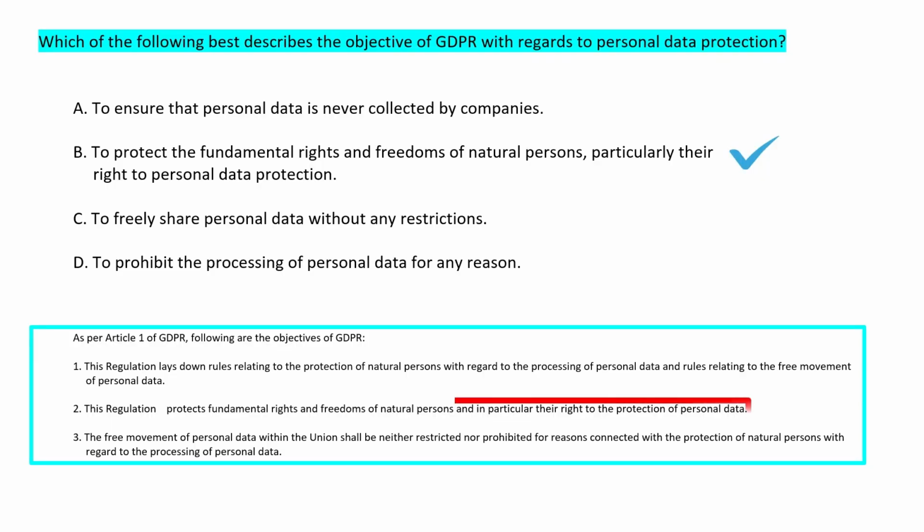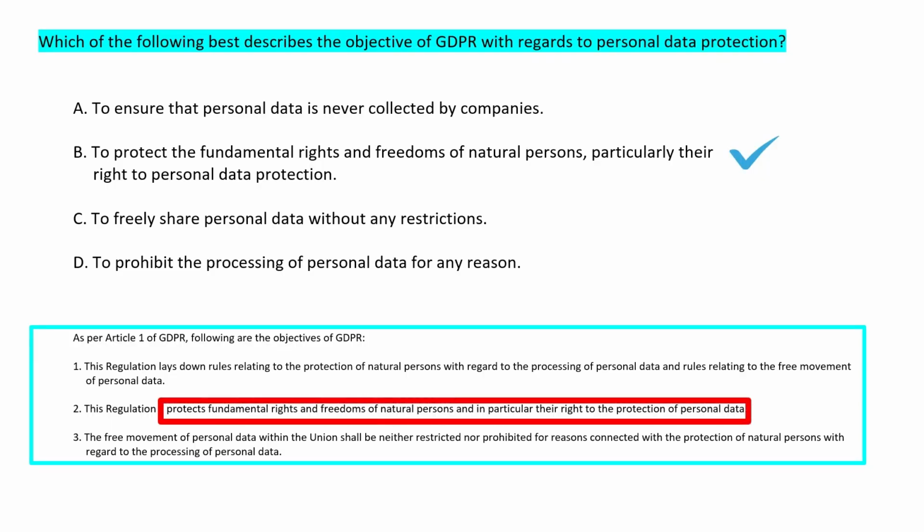As per Article 1 of GDPR, one of the objectives is to protect the fundamental rights and freedoms of natural persons and in particular their right to protection of personal data.